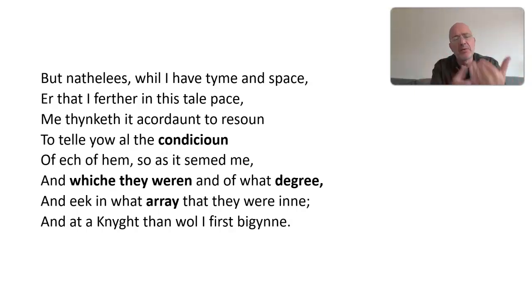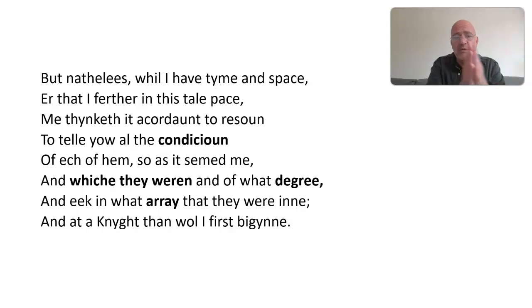But the important bit is, after that, he tells us what he wants to do. I will give you now the portraits after this short introduction. Now the portraits ensue of those pilgrims, which will adhere to a certain structure, which he gives us here.